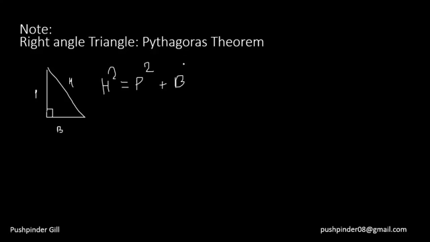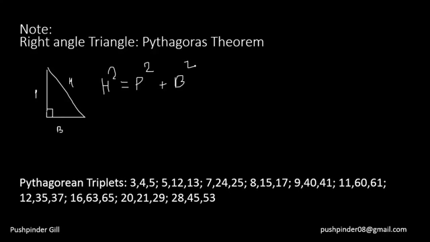Okay, I don't want to derive it right here, I just want to tell you that this is the Pythagoras theorem. Now to keep your life easy, you can very well learn these Pythagorean triplets so that your calculations become easy. So 3 square plus 4 square is equal to 5 square. 5 square plus 12 square is equal to 13 square. 7 square plus 24 square is equal to 25 square.